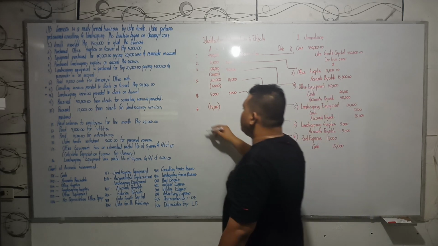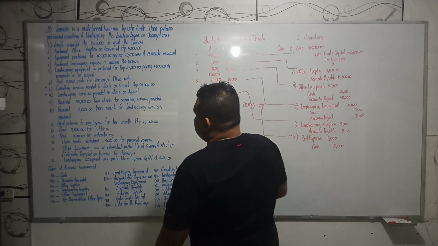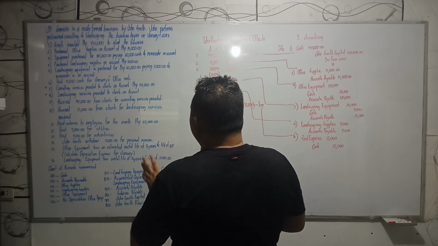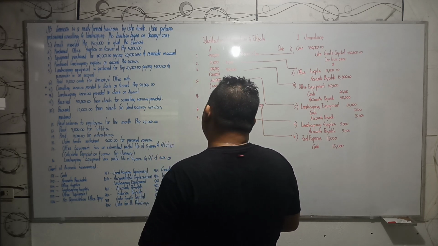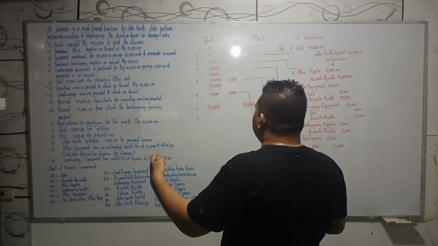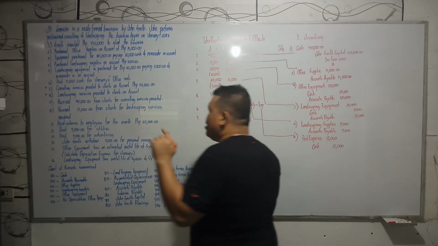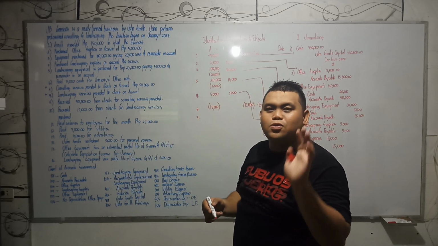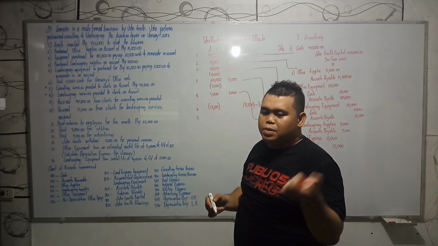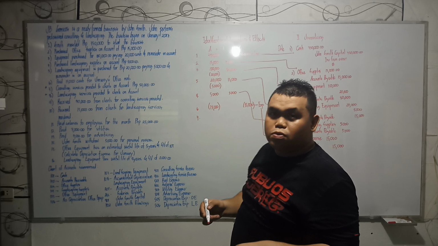Let's go to number 7. So number 7, consulting services provided to clients on account 50,000. So that means you have already provided the consulting services to the clients, but they did not pay yet. So that is what we call accrued revenues, if you can still remember the adjustments in the previous episodes.